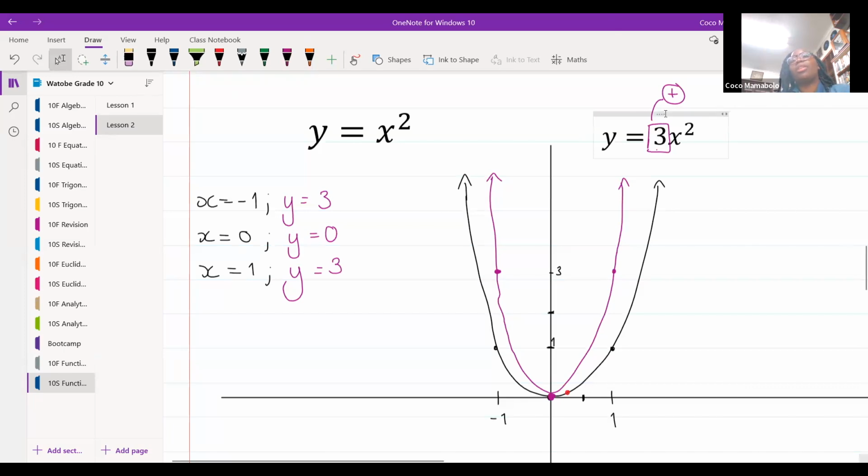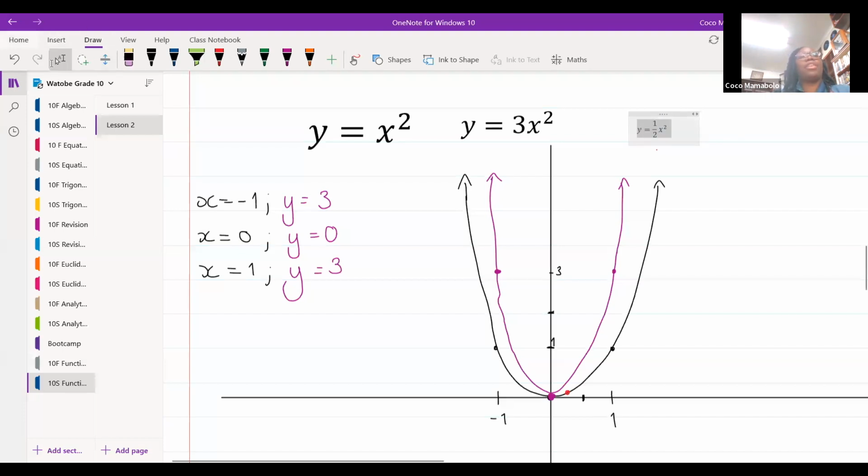Okay, Esona, I want to ask you another question quickly before we continue. Before we continue, I want to add on the graph of y is equal to a half x squared.